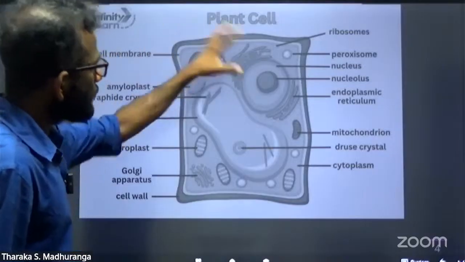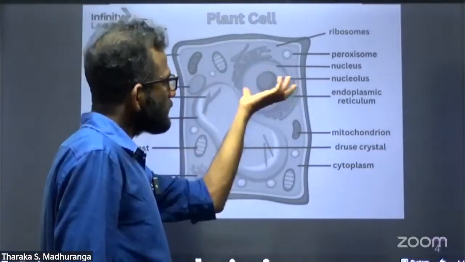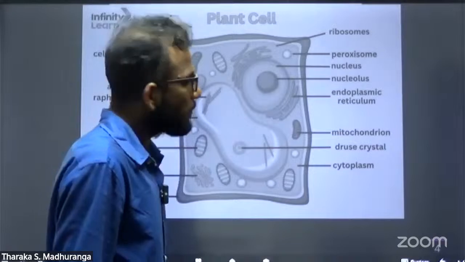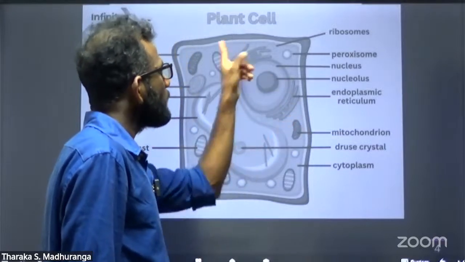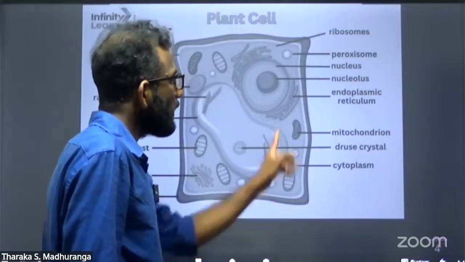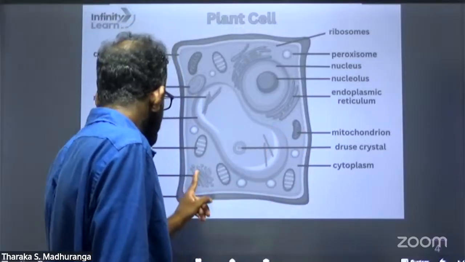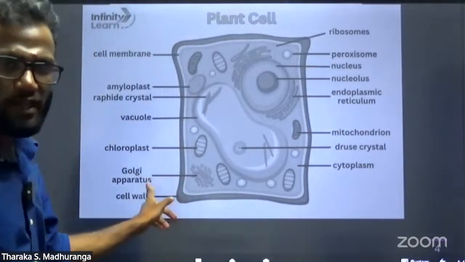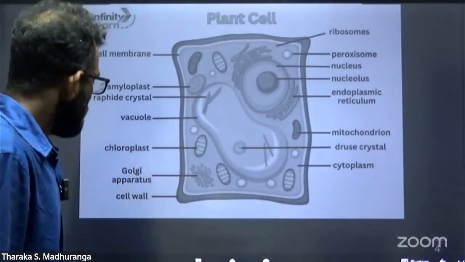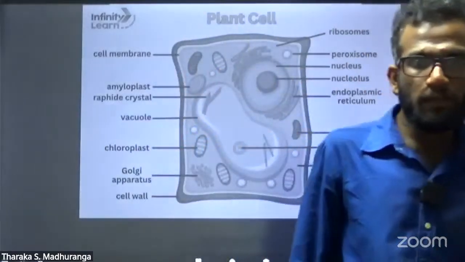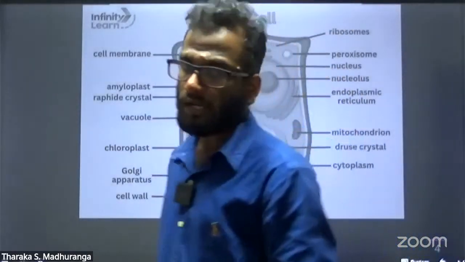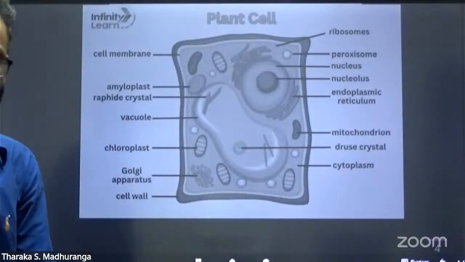It also has an organized nucleus, same as the animal cell, and rough endoplasmic reticulum, smooth endoplasmic reticulum, mitochondria and Golgi apparatus. Golgi apparatus and Golgi body are the same word. And all organelles are present in the cytoplasm. The cytoplasm is a gel-like, semi-solid structure.